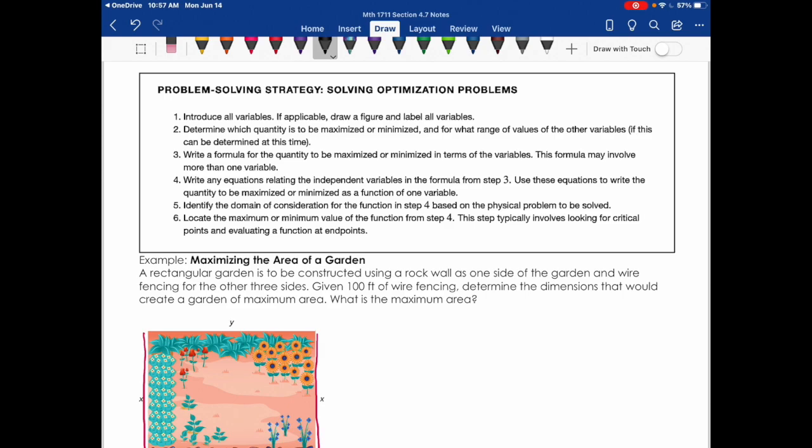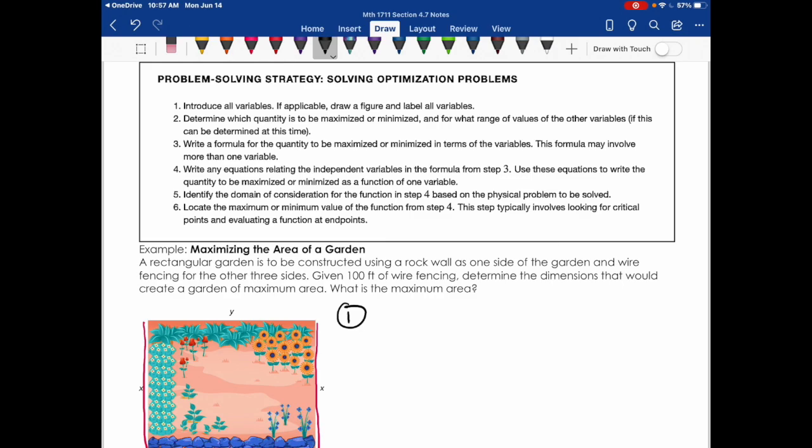And there's 100 feet of wire fencing. Determine the dimensions that would create a garden with a maximum area, and then we're going to find out what that maximum area is. So we need to find the dimensions that maximize the area, and then we also need to find the actual amount of area as well.